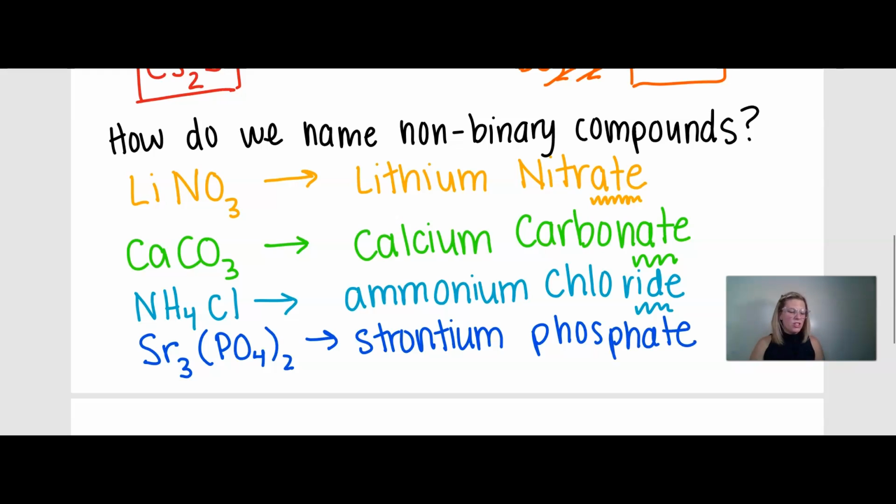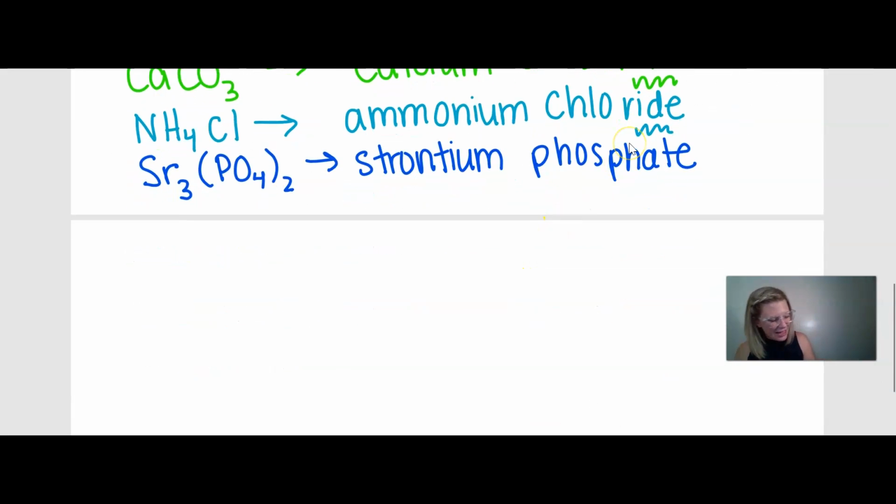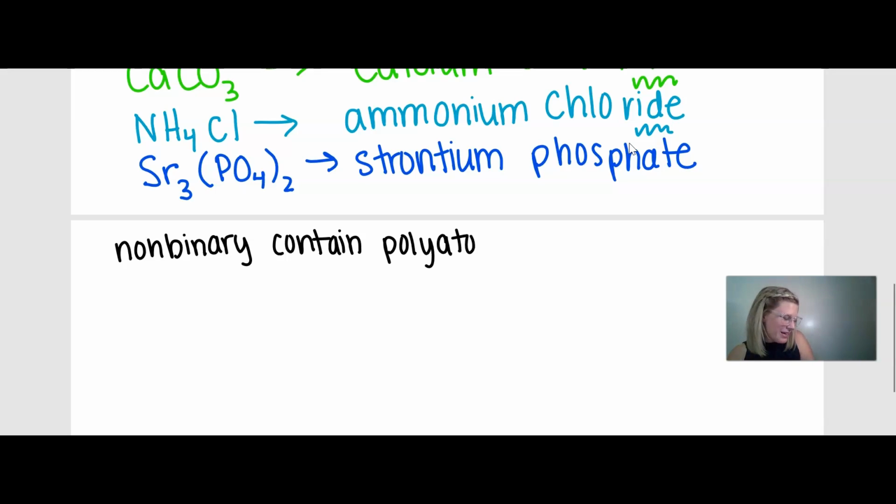These non-binary compounds actually contain what is called a polyatomic ion. I'm going to scroll down and note that here. Non-binary compounds contain a polyatomic ion. Notice that word poly.